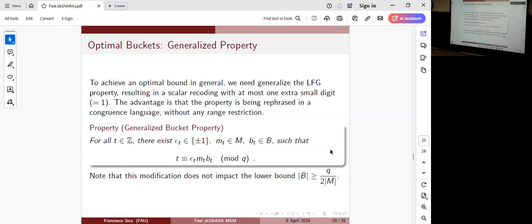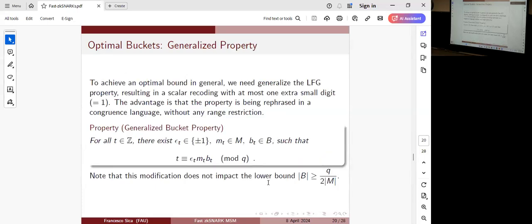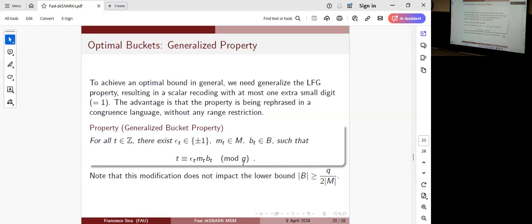But now, if M is of a particular form, like if we take M to be, say, the first mu integers, like what Wolfgang had before, 1, 2, 3, for instance, then we can achieve the optimal size. In this case, there is a way to control the size of this difference here, modulo Q. This difference is going to be at most Q or 2Q.